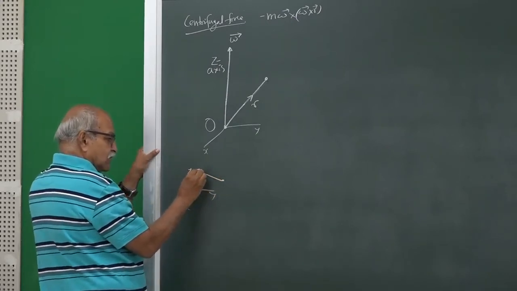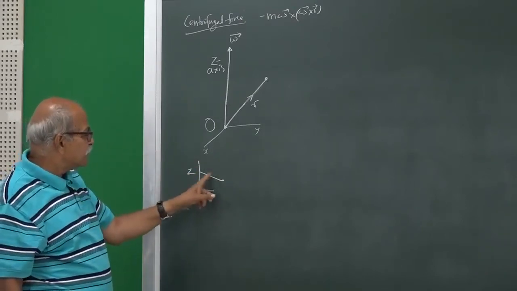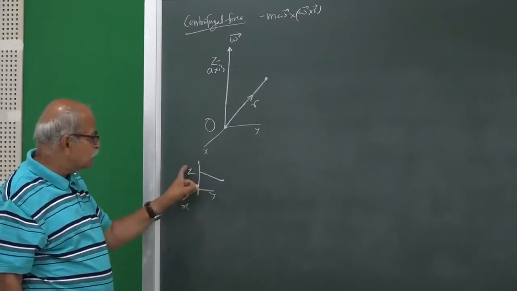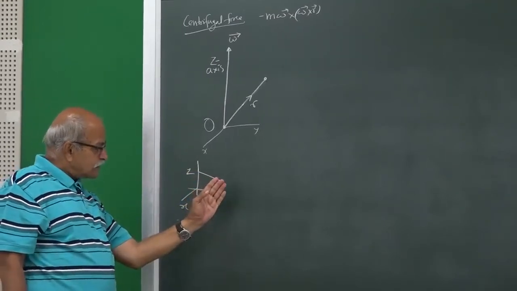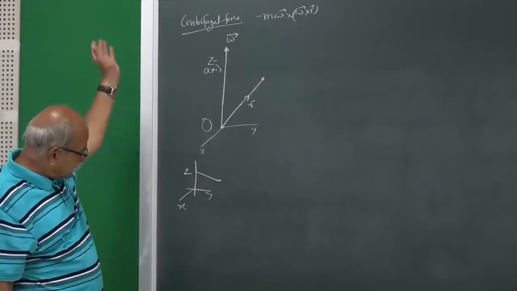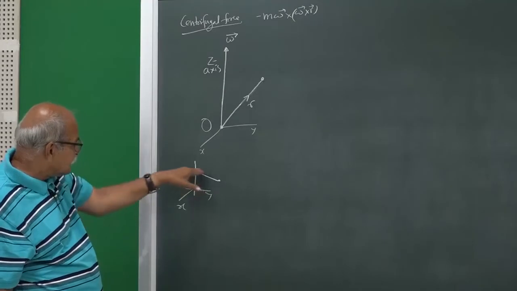Why have I drawn this inclined type of perpendicular? Because the particle may not be in this plane of the board, the y, z plane. It can be outside the board or on the other side of the board, and then we have to drop a perpendicular like this on the z axis.